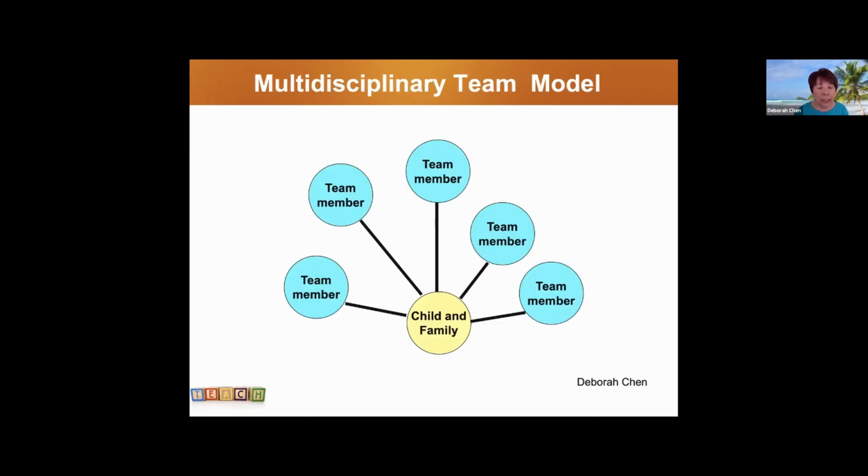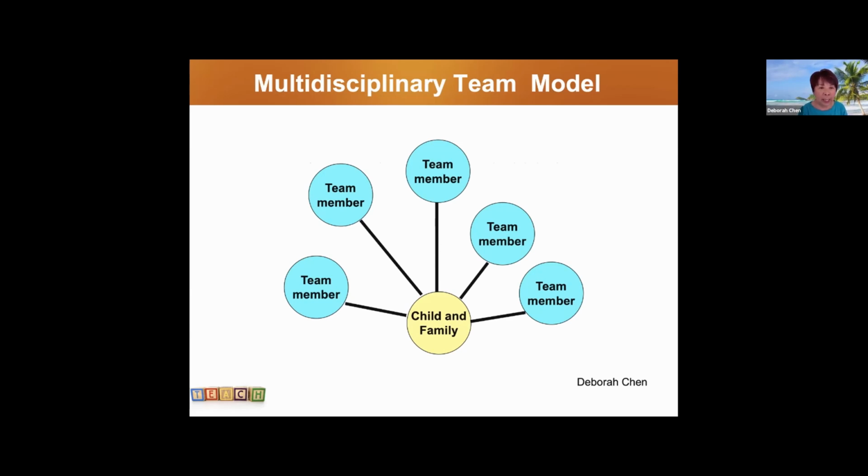So you may have a variety of practitioners serving a child with CVI. Let's think about the different team models. The first diagram here is of the multidisciplinary team. IDEA, the Individuals with Disabilities Education Act, requires at least 2 different disciplines, multidisciplinary team, to assess and serve a child with a disability.